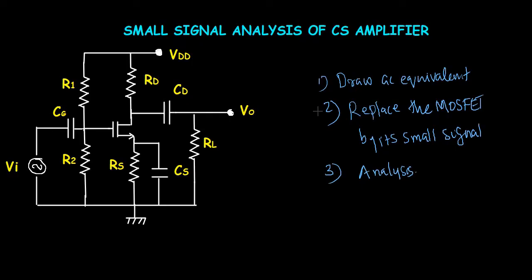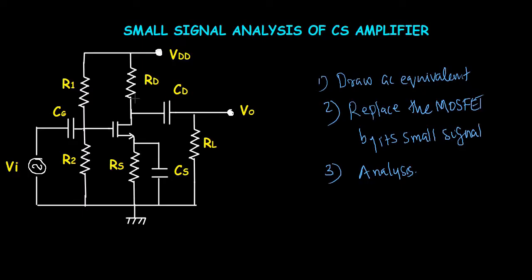These are the major 3 steps in small signal analysis of any amplifier. First we draw the AC equivalent of this circuit, then we replace the MOSFET by its small signal model, and last we analyze the small signal equivalent circuit properly.